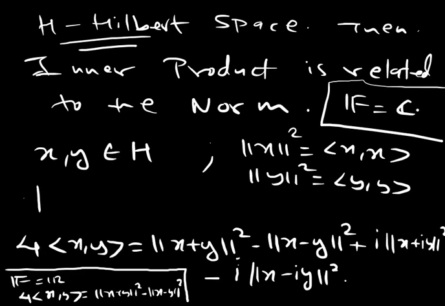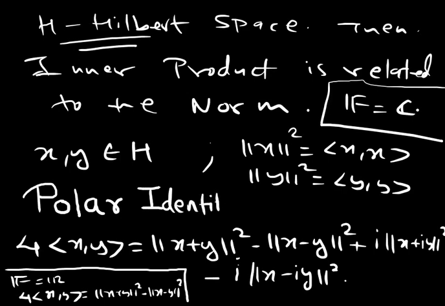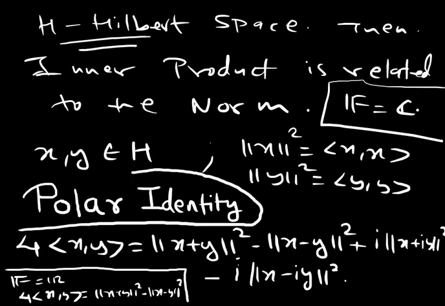This has a name, which is called the polar identity. So let's try to prove it. The real case is easy to prove, so let's try to prove it for the complex Hilbert space.